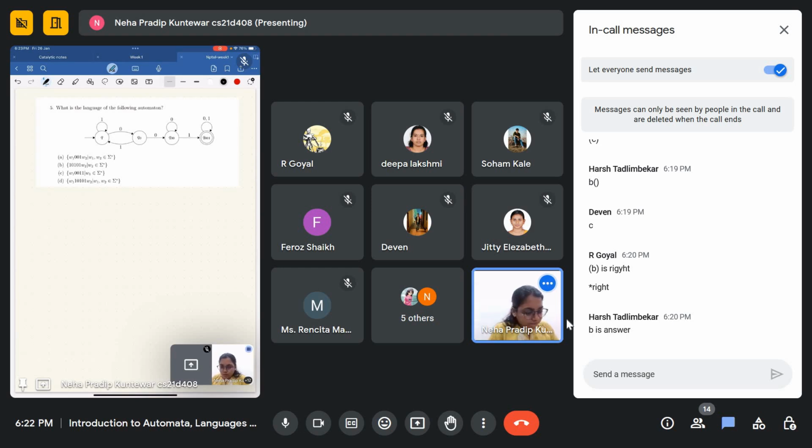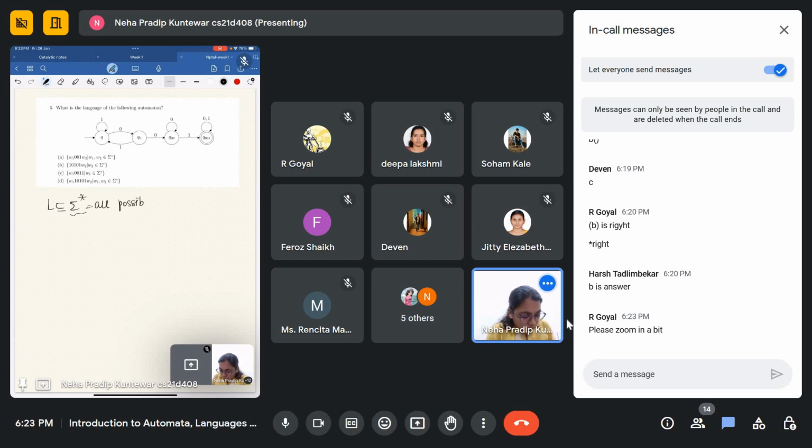I'll just do a quick recall of what a language is. A language is a subset of sigma star, and sigma star is all possible strings over sigma, and any subset of sigma star is a language.